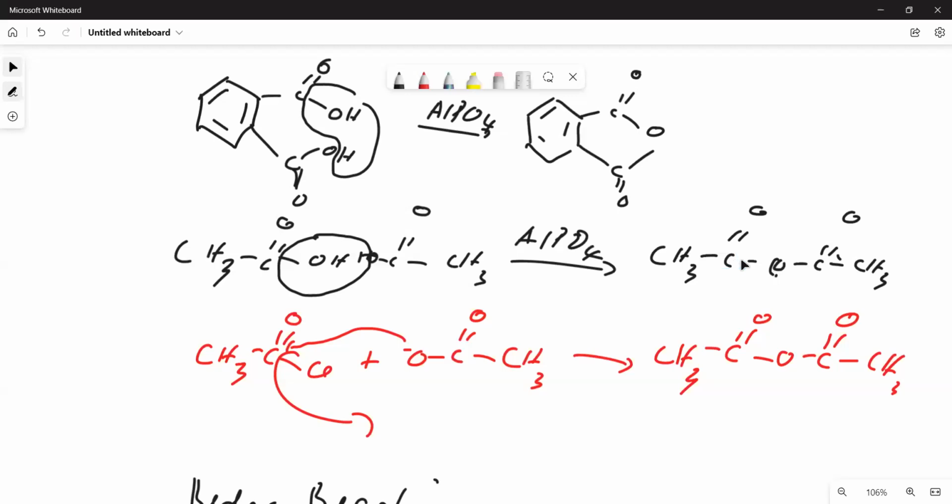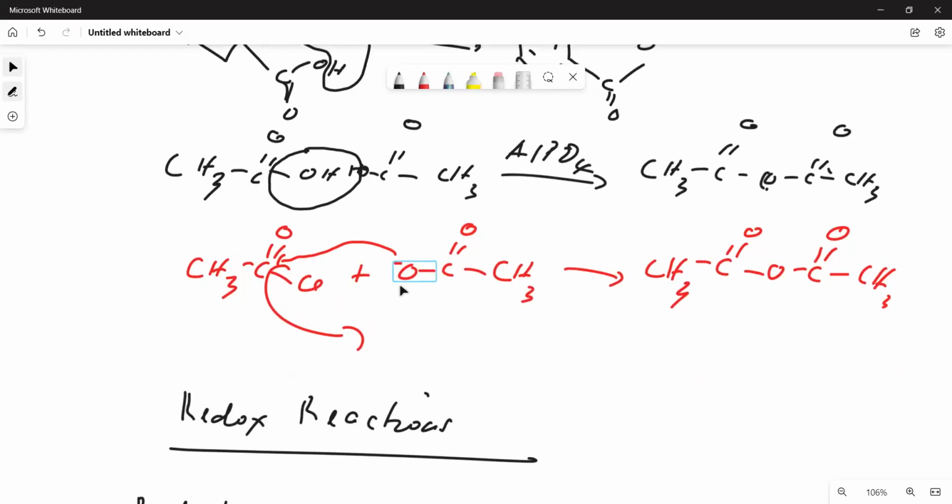So this is another way of producing anhydride aside from the previous reaction which we discussed, wherein we use acyl halide and react that with carboxylate to produce anhydride also. So that ends the reactions for nucleophiles.